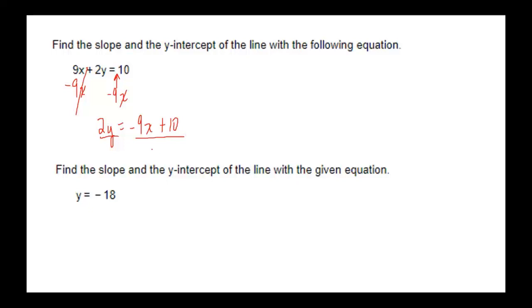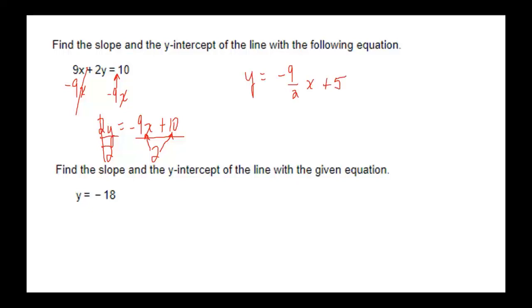Divide both sides of this equation by 2. Make sure you recognize that when you divide an equation by 2, each part gets divided. So the result here is y equals negative 9 over 2 x plus 5.